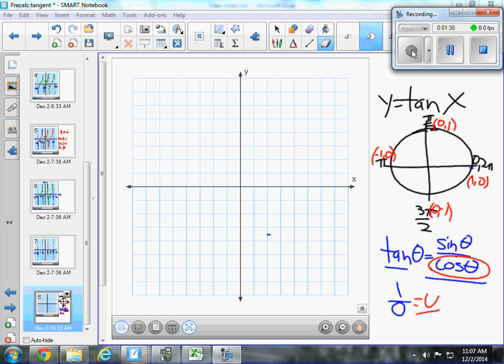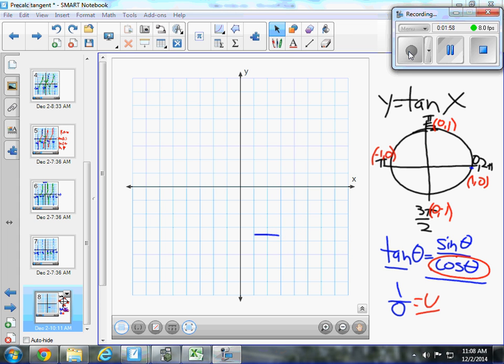But as I move up the circle and get closer to pi over 2, my sine becomes 1 and my cosine becomes 0, and that is undefined. So at pi over 2, I'm going to have my first undefined point.